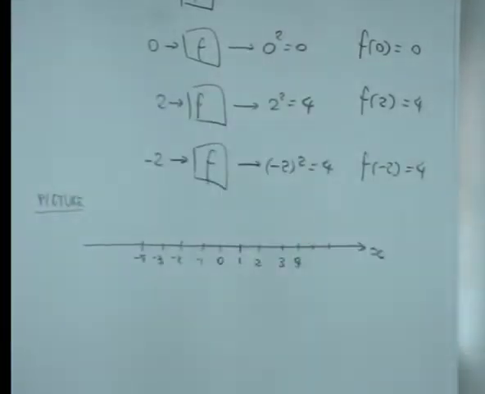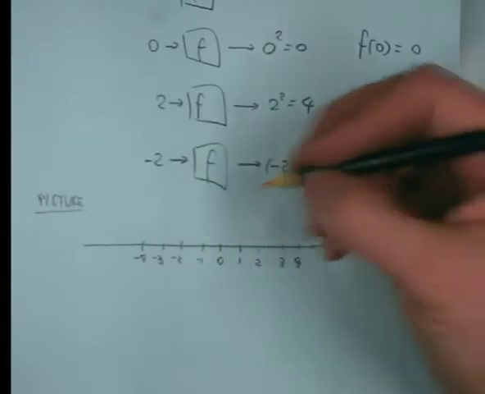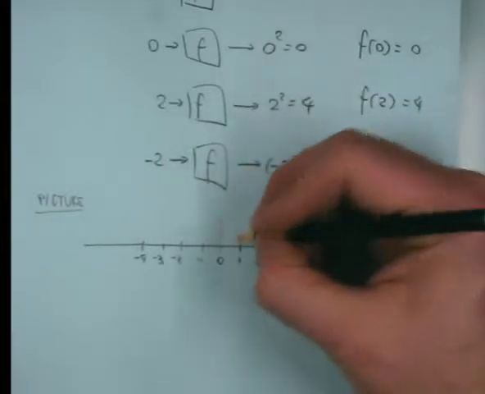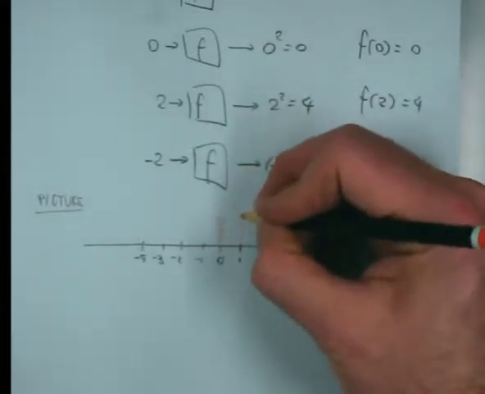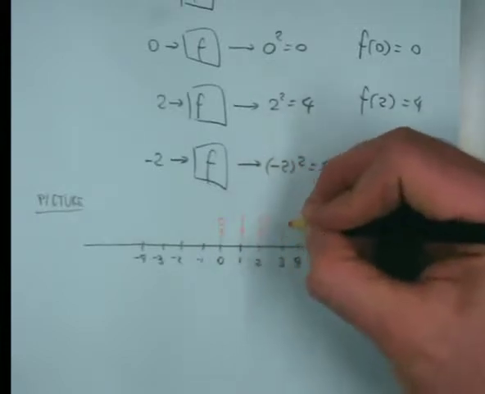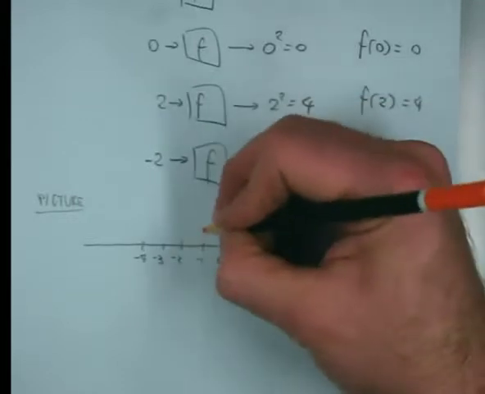One picture of my function would be that I could draw for each of these what number it comes out to be. So if I put this into the function, the number that comes out is 0. If I put this into the function, the number that comes out is 1. If I put this into the function, the number that comes out is 4. If I put this into the function, the number that comes out is 9, 16. This one will be 1 as well.